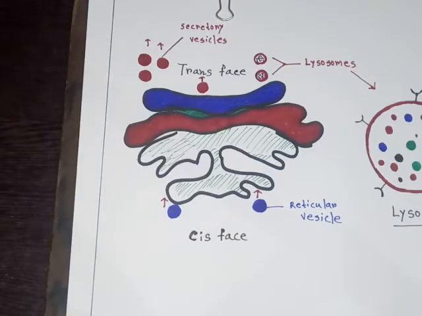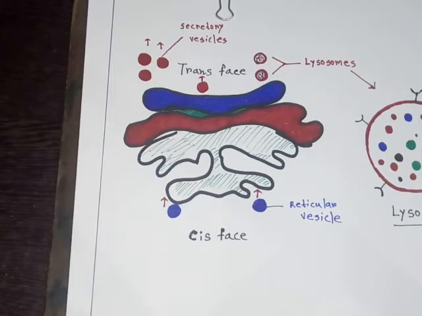Now we see what the function is. You know the main function of the rough endoplasmic reticulum. Rough endoplasmic reticulum means it is attached with ribosomes. Ribosomes synthesize protein, and the protein is further processed in the rough endoplasmic reticulum.